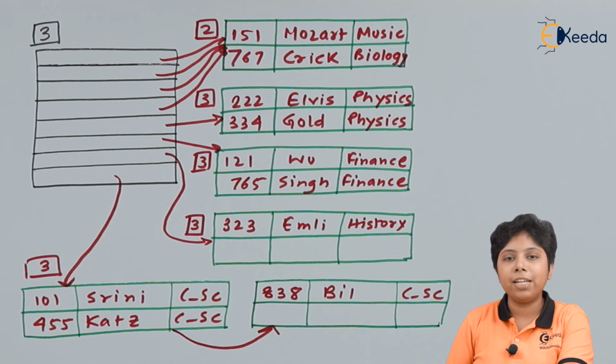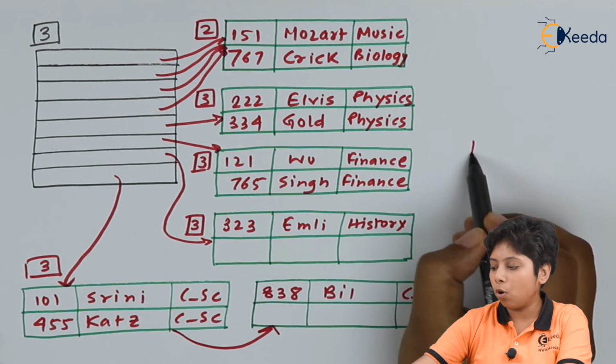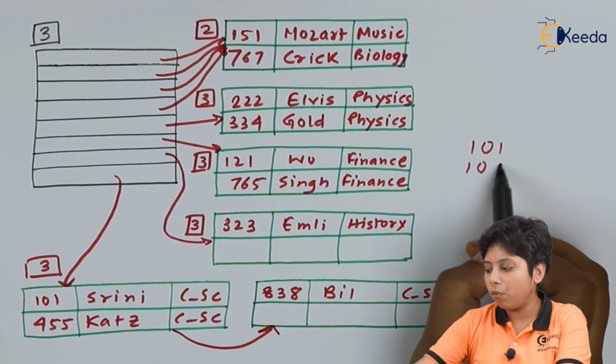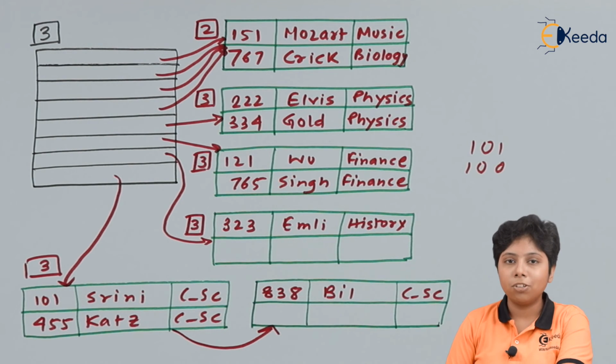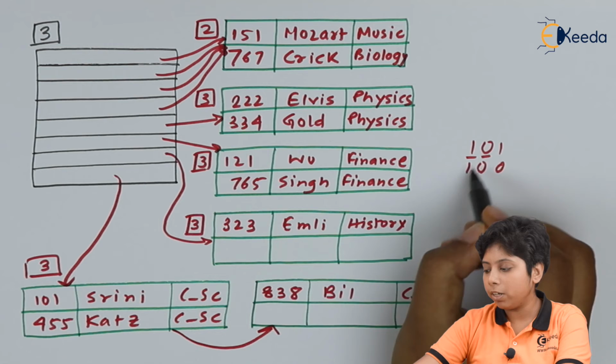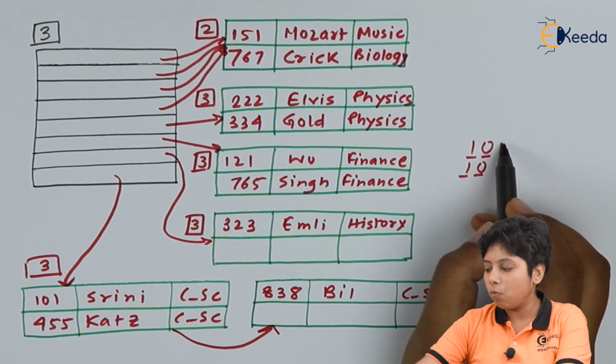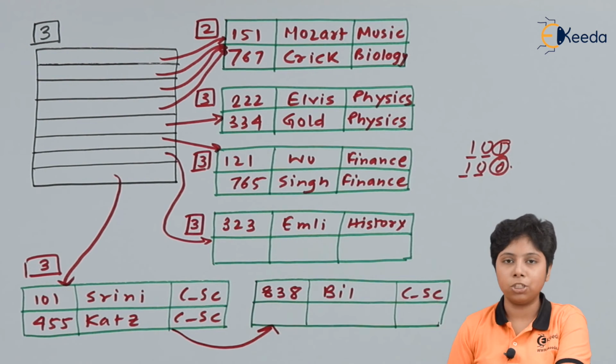And lastly, we will insert a department, electrical engineering. The electrical engineering hash value is 10 and 101 100. Now we can see that 10 is already being served, so 1 and 0 is the mismatch. So we will insert electrical engineering in a new bucket containing a new record.